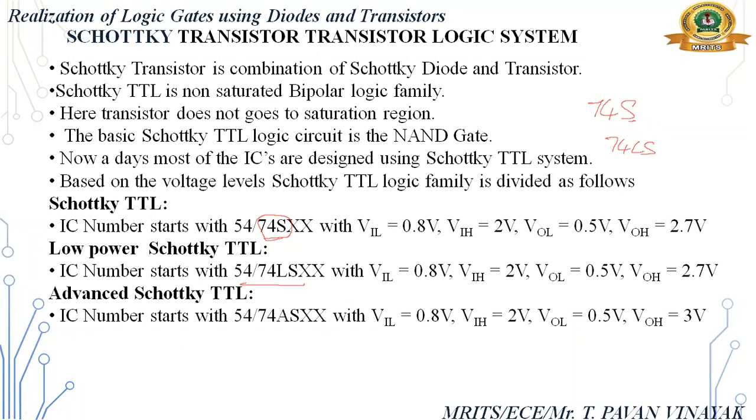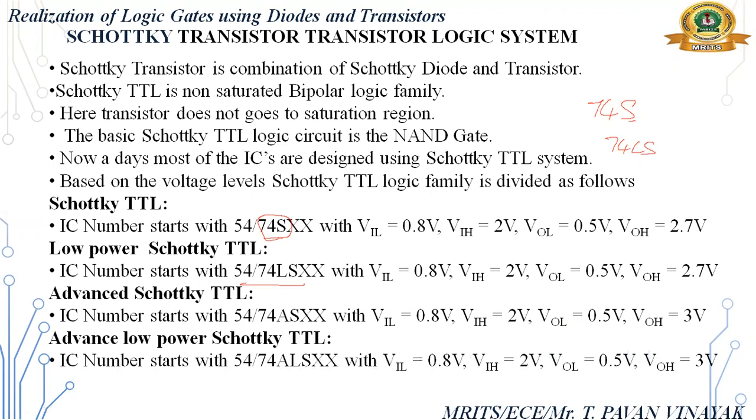Next, advanced low power Schottky TTL, which is compatible with CMOS, 74ALS. So there are four types: Schottky, low power Schottky, advanced Schottky, and advanced low power Schottky.